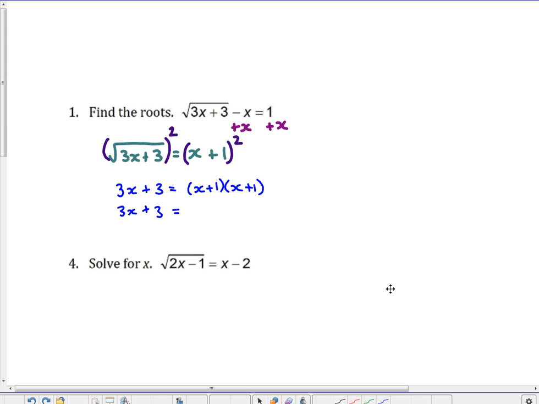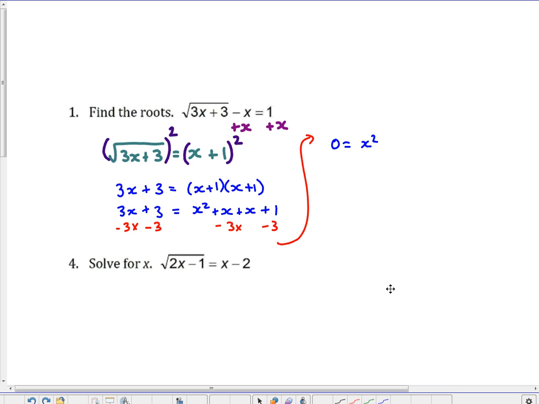So we FOIL this. x times x is x squared. x times 1 is x. 1 times x is x. And 1 times 1. And how do we solve quadratic equations? Everything on one side. It all moves over. So we need to move over the 3x and this 3. 0 equals x squared.